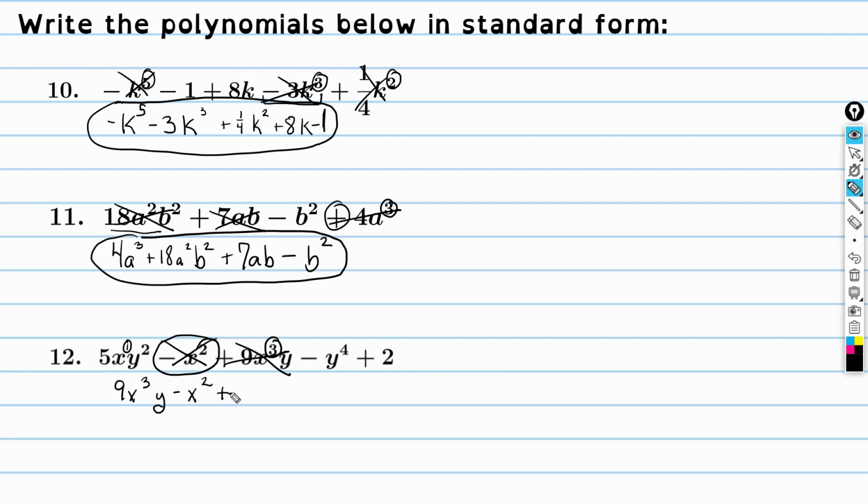And so we have plus 5xy. So that's gone. Now I'm left with just these two things. So we go to the next highest power, which is y. y to the fourth plus 2. That's it in standard form.